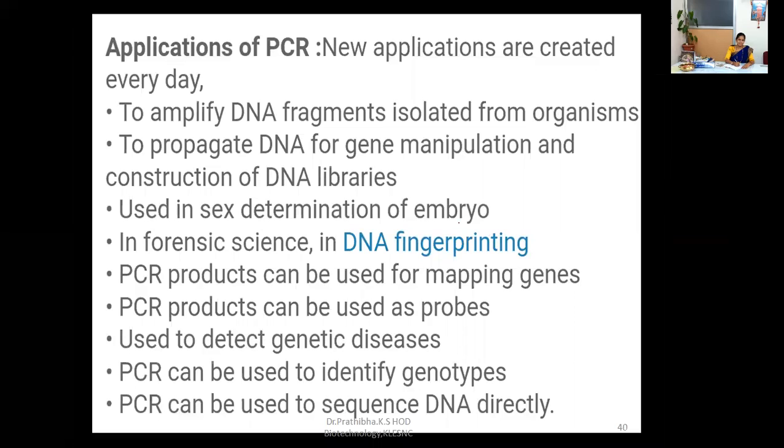Now let us go through the applications of PCR. New applications are created every day. Every day this PCR machine is updating, so there are so many applications. It is used to amplify DNA fragments isolated from organisms, to propagate DNA for gene manipulation, in the construction of DNA libraries or genomic libraries, and in sex determination of embryos. It is used in forensic science, that is, in DNA fingerprinting.